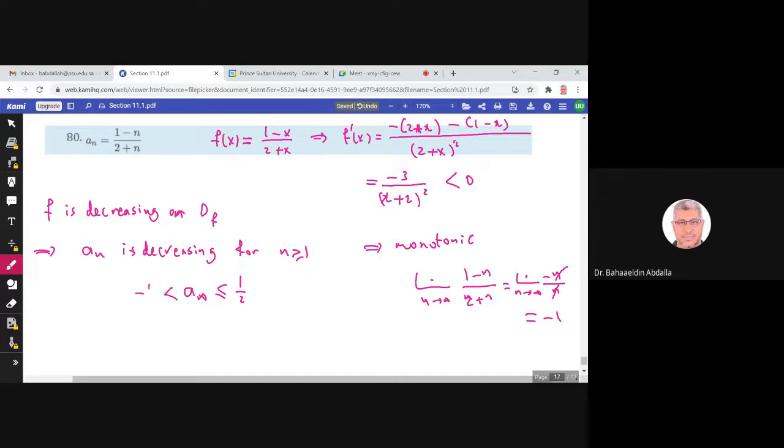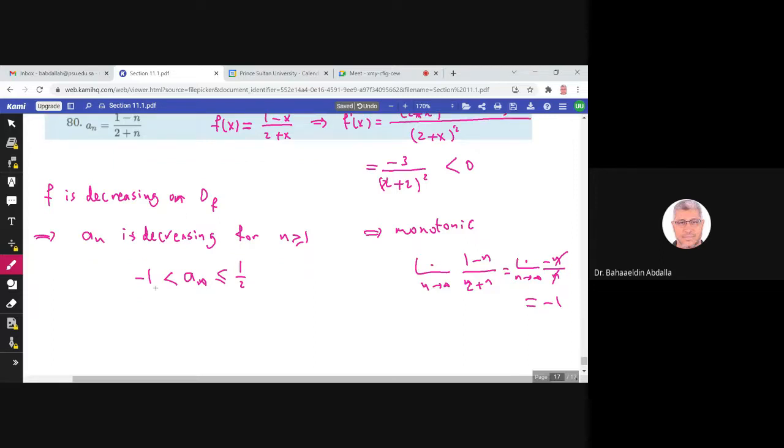So all of them would be greater than negative 1. So negative 1 is a lower bound of this sequence. This sequence is bounded above and bounded below, so it's a bounded sequence.